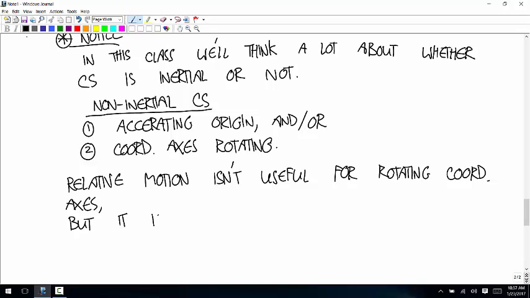But it is, I want to say this, it is a way to, let's just say, deal with an accelerating origin.